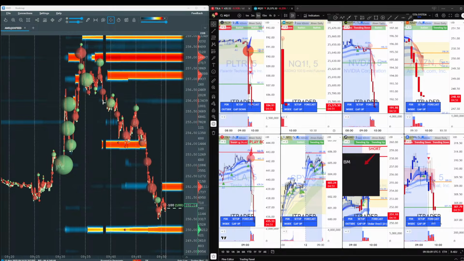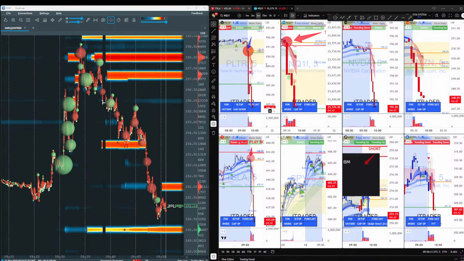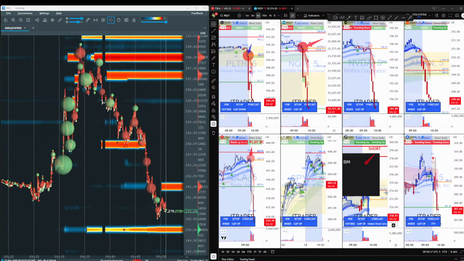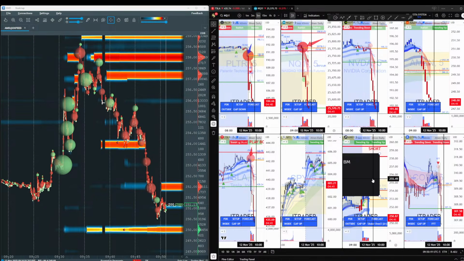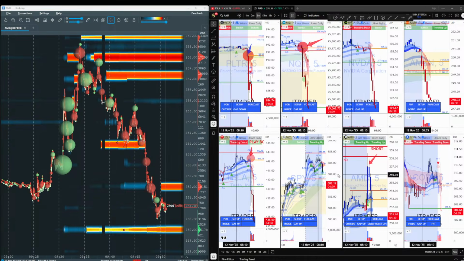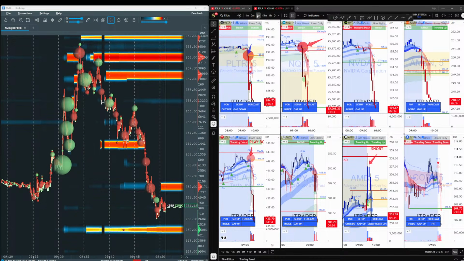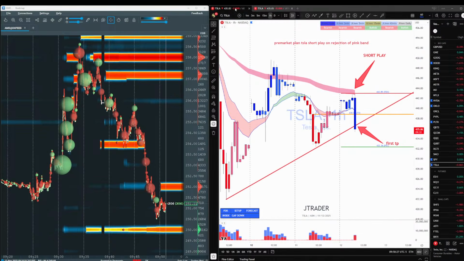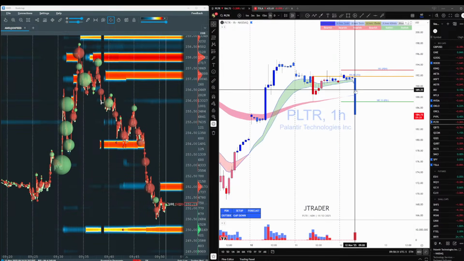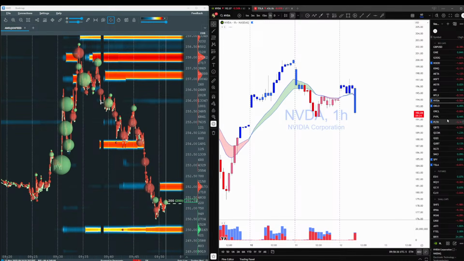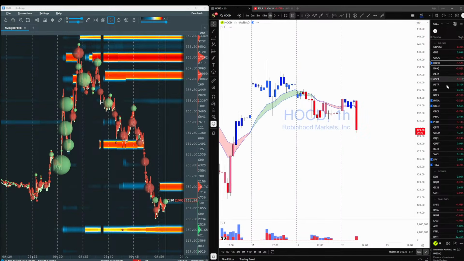Okay, let's still see over here the price action. So we have PLTR fading, NQ fading, Vita fading, Amazon fading, Coin over here faded, SPY faded, Tesla faded. I mean, all this is looking pretty good. This is Tesla over here. This is PLTR. This is NVIDIA. This is Hood.